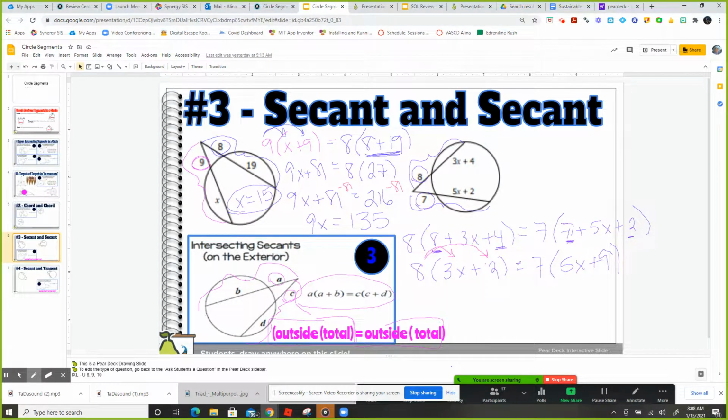So now we want to distribute. So 8 times 3 is 24x, and 8 times 2 is 16. And then we want to distribute on the right side. So 7 times 5 is 35x. And 7 times 9 is, I'm drawing a blank, 63.